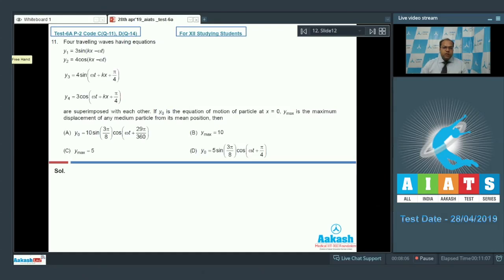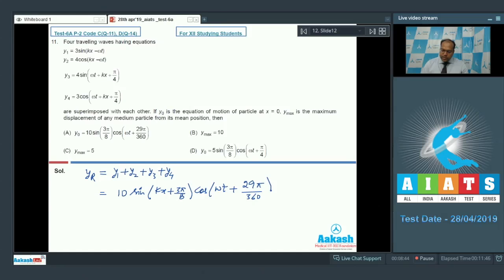So if I find the resultant traveling wave, y resultant is equal to y1 plus y2 plus y3 plus y4. If I solve this mathematics, then this resultant comes out to be 10 sin(kx plus 3π by 8) into cos(ωt plus 19π divided by 360).